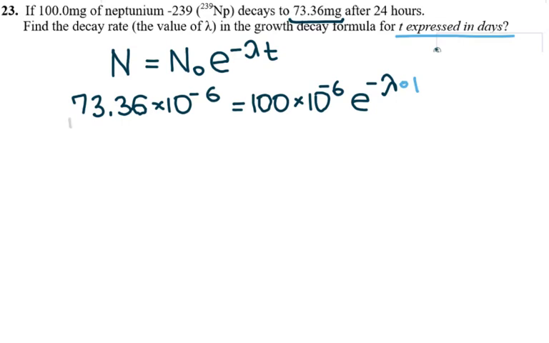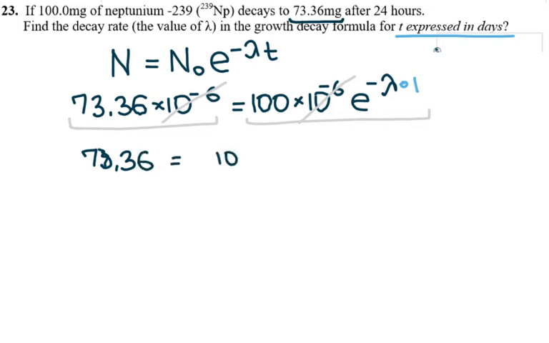Then because there is one term on the left side and one term on the right side, and each one of them has 10 to the -6, I can cancel that part. So I'm going to have 73.36 equals 100 e to the power negative lambda.